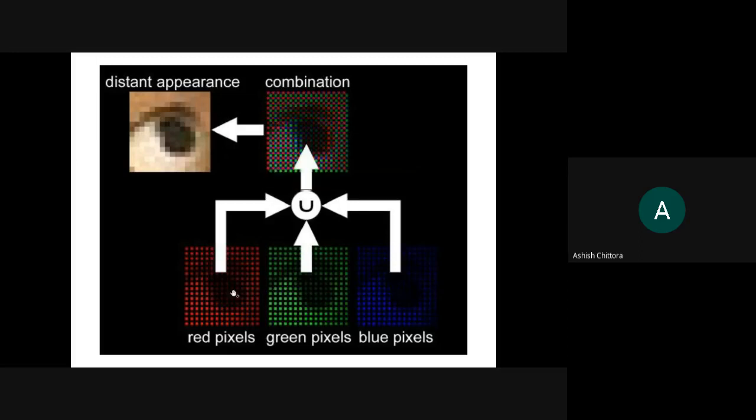These dots produce the final intensity to our eye. Our visual system generally perceives this combination of three intensities as a single color. So it averages out and we see a final combination of intensity using these red, green, and blue pixels.